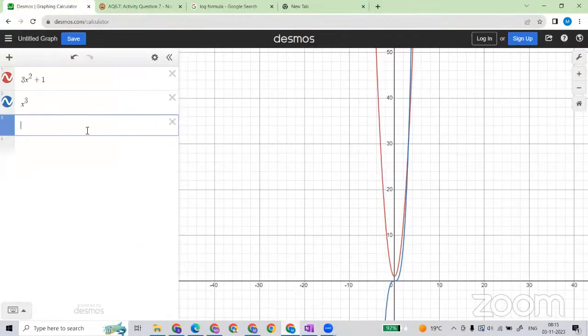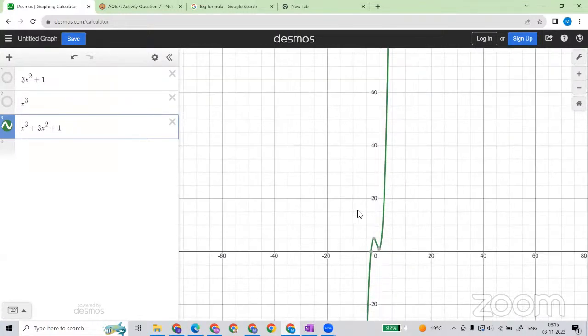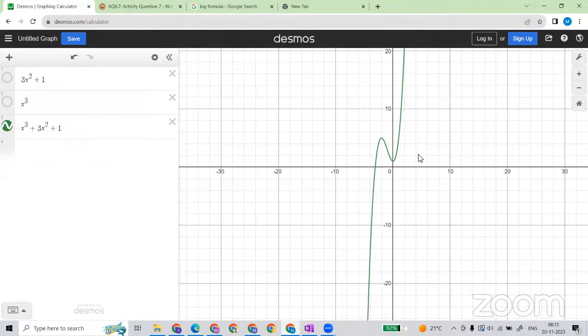But here we are not getting, okay, I think I... But sir, for graph checking we have to add these two, sir. X cube plus 3x square. Yeah, I'm getting that. Okay, let me erase these two. Okay, this is the graph.